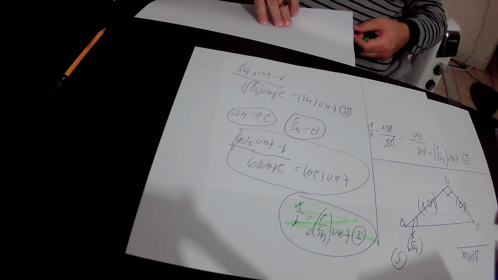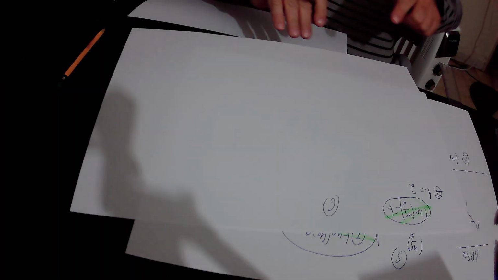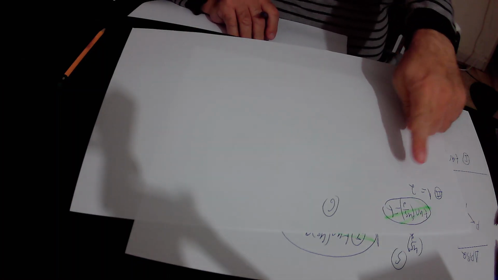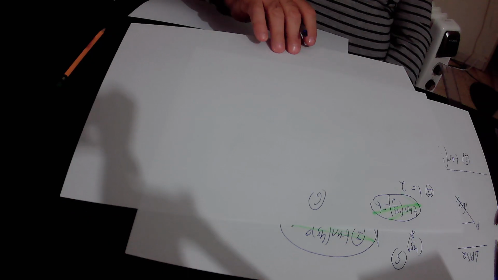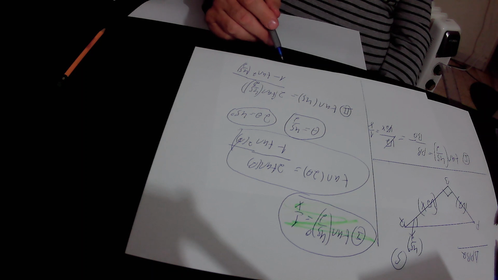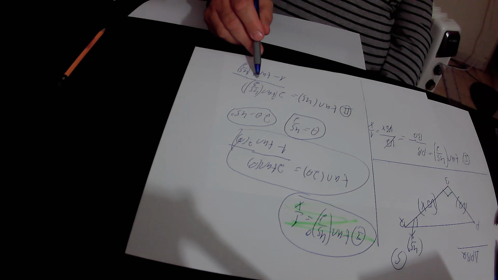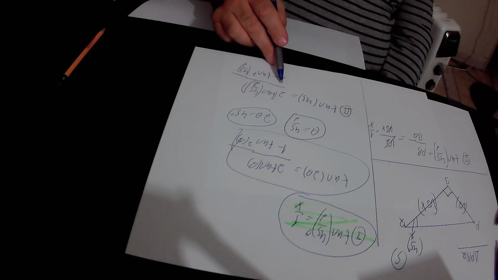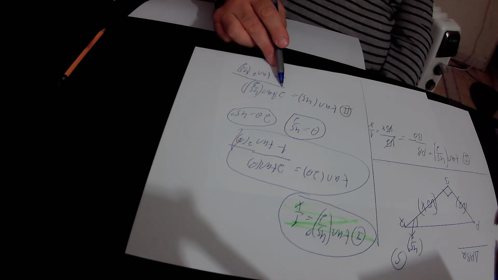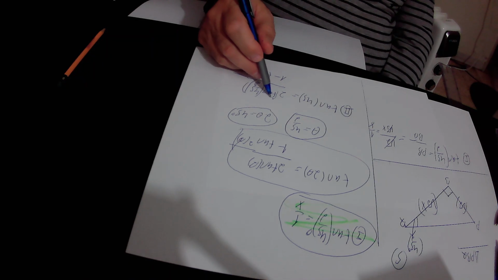Repeat again. According to our definition, tangent 45 over 2 degrees equals t, and therefore we substitute tangent 45 over 2 degrees in equation number 2 by t. So in the numerator we will have 2t.